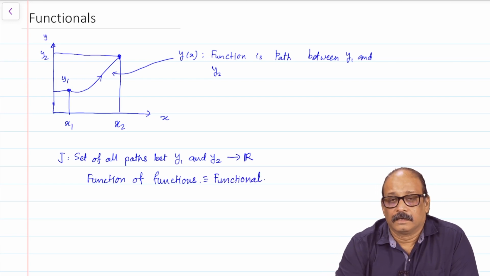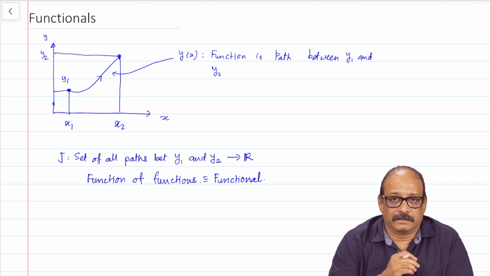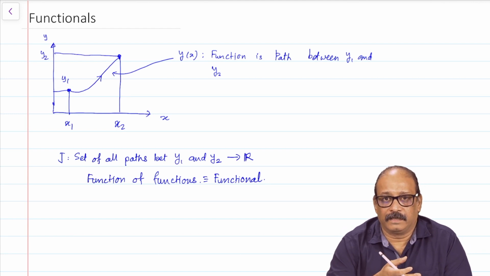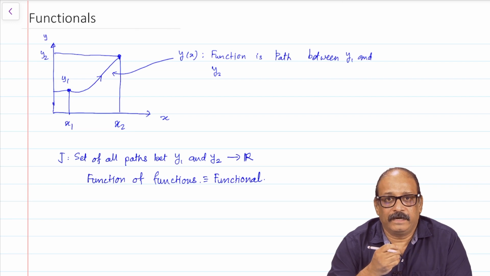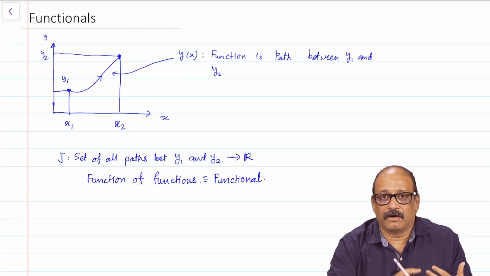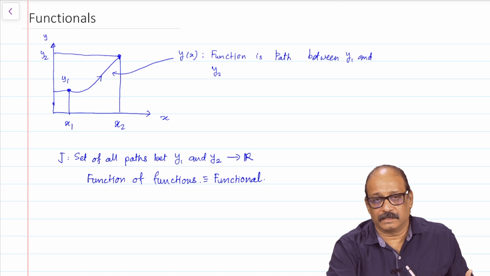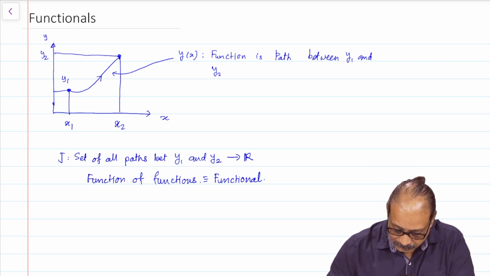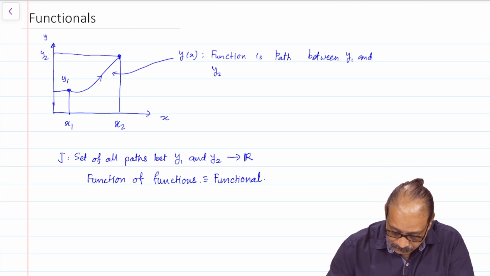And what we are interested in is not any arbitrary functional, but a very specific kind of functional which appears in all the problems that we described earlier or which we will discuss later. That is a large class of problems we are interested in.